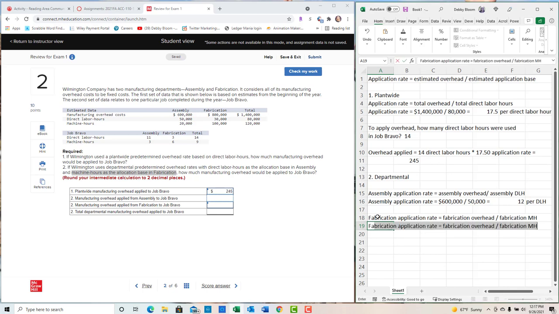That's $800,000 divided by our machine hours of 100,000, which of course is going to equal $8 per machine hour.